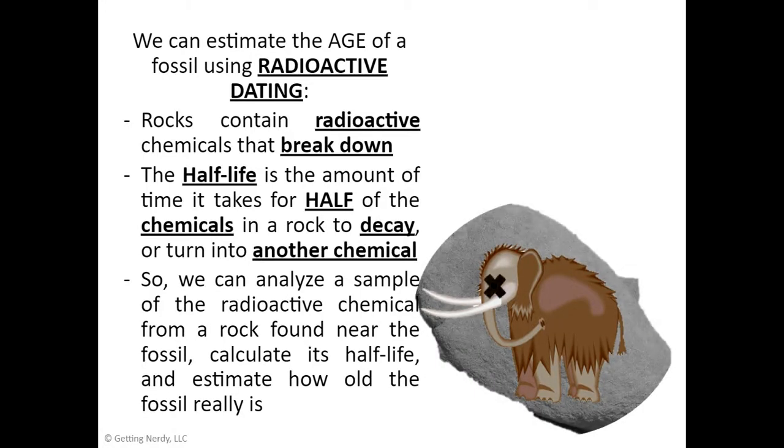So we can estimate the age of fossils using radioactive dating. Rocks contain radioactive chemicals that break down. It's pretty consistent with the way that it breaks down. It's predictable. So here is this woolly mammoth, and it has all this carbon-14, and it's an unstable isotope.